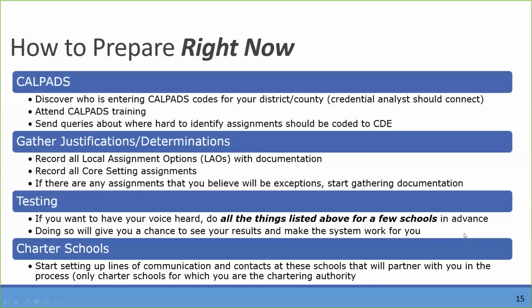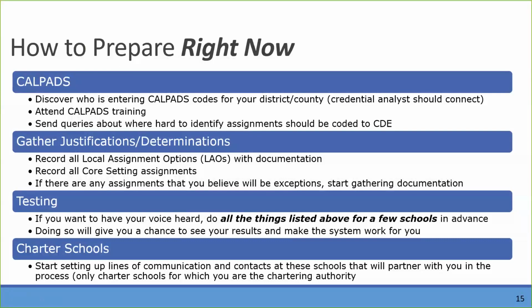Okay, so how do you prepare right now? First of all is CalSAAS. CalSAAS is part of the driving data, so you need to make sure that your data is not dirty. Make sure that your data that's going into the CalSAAS system is as clean as it can be. Discover who's entering the CalSAAS data for your district and county. Your credential analyst should connect with that person.